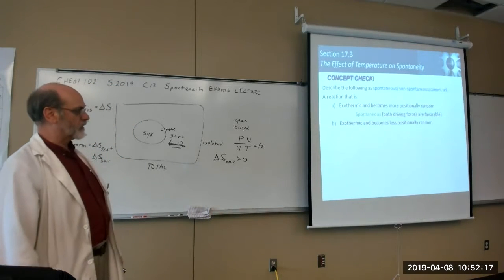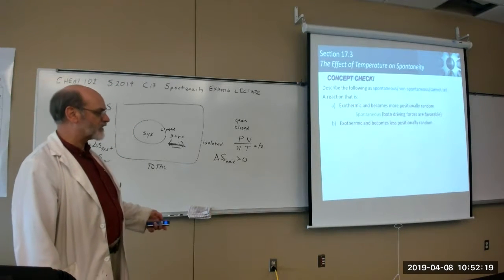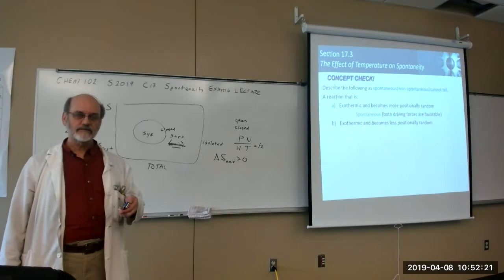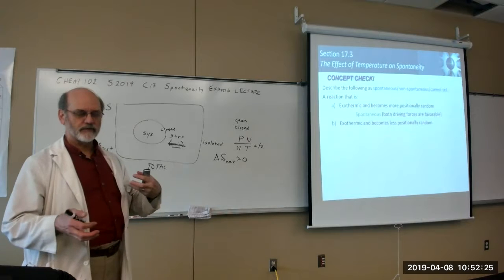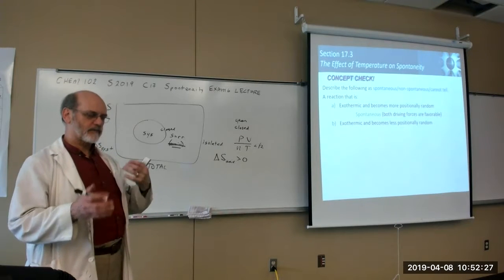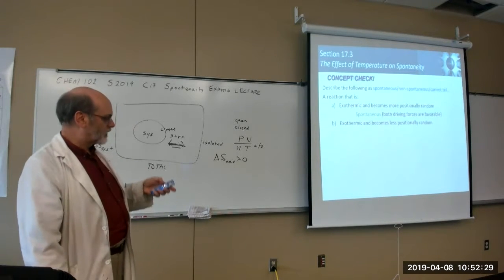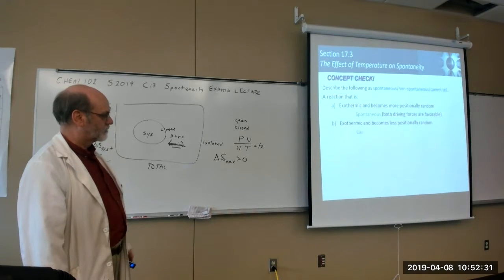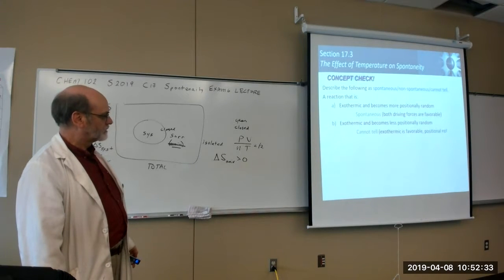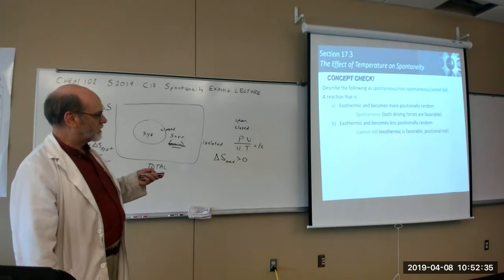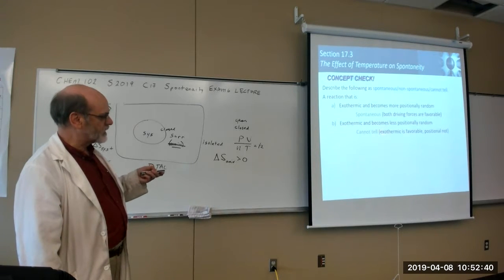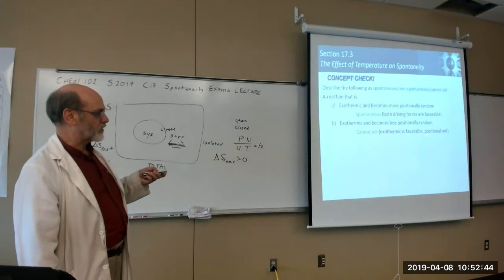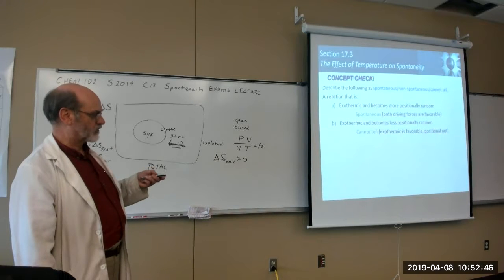If it's exothermic but becomes less positionally random, that is, goes from liquid to a solid, but it's still exothermic, then the only way we could say it's spontaneous is if the exothermic exceeds the value of the positional entropy.